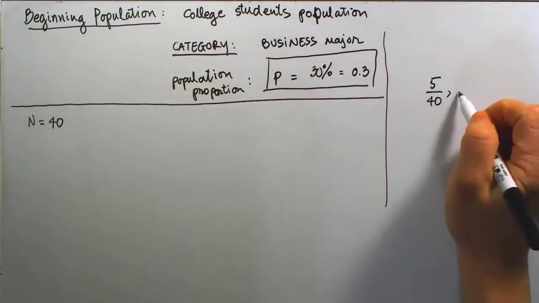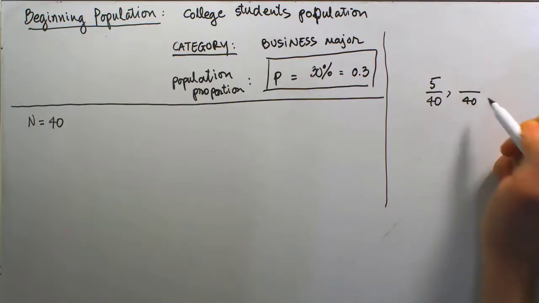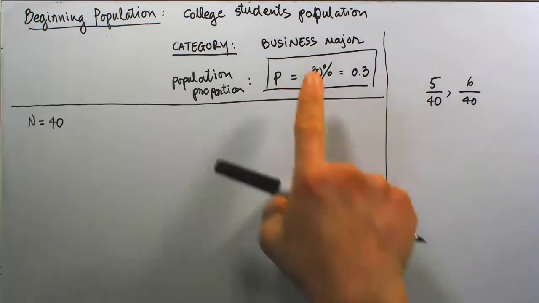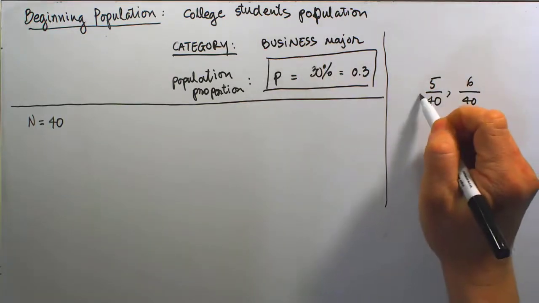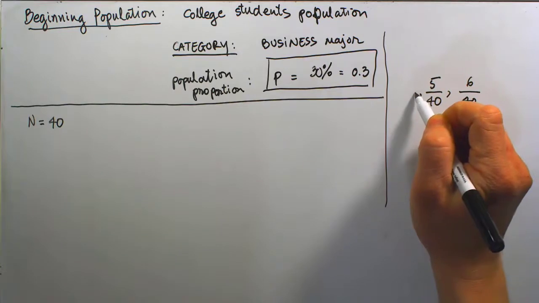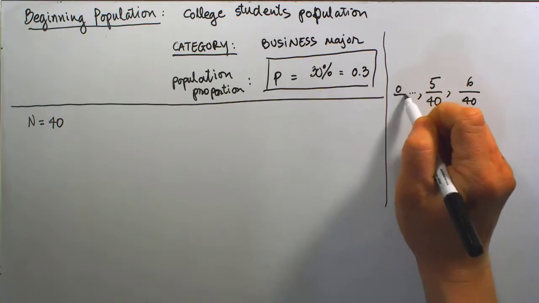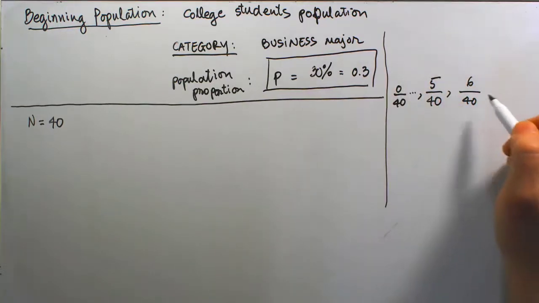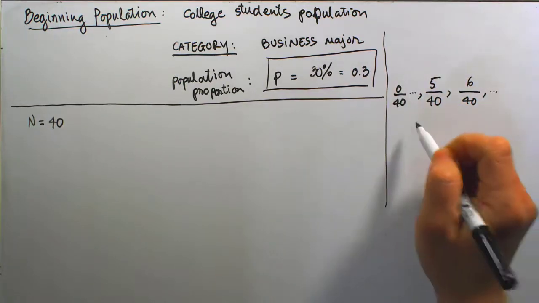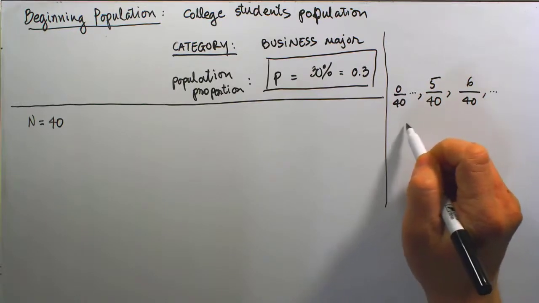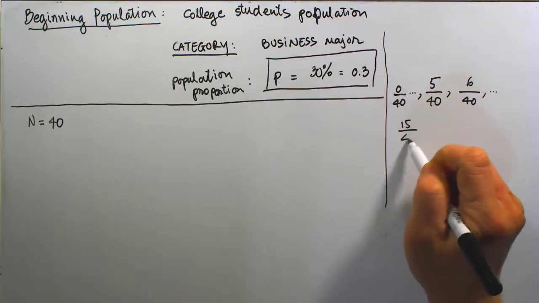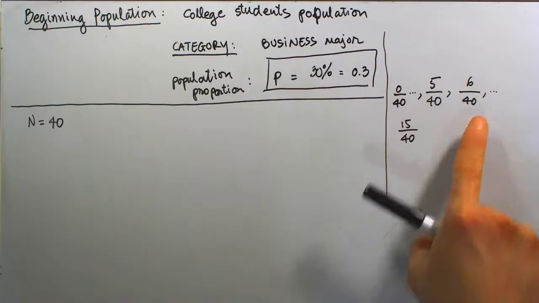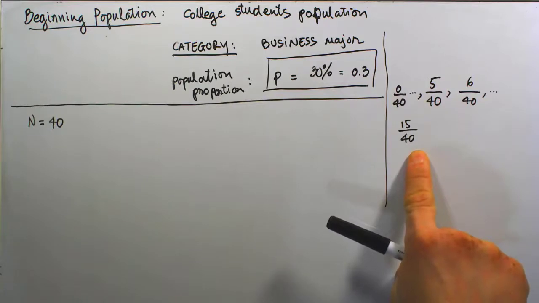Maybe that other sample comes out with a count of 6 students being in the business major category. Some unlucky sample may show a 0 count, and some other sample may show 15 out of 40. All samples, in our understanding at this point, should have the same sample size, 40.